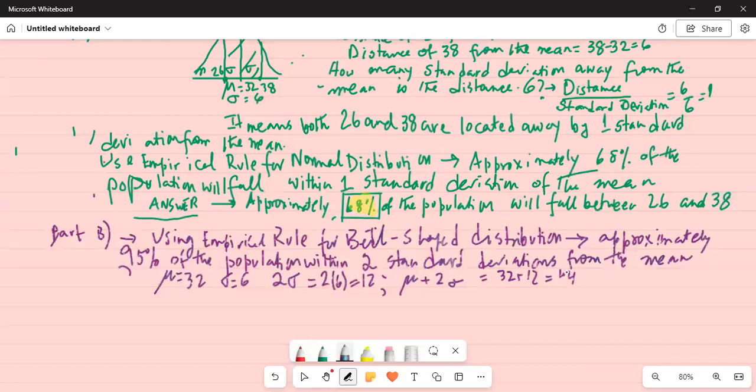And mu minus 2 sigma is 32 minus 12, which is 20.